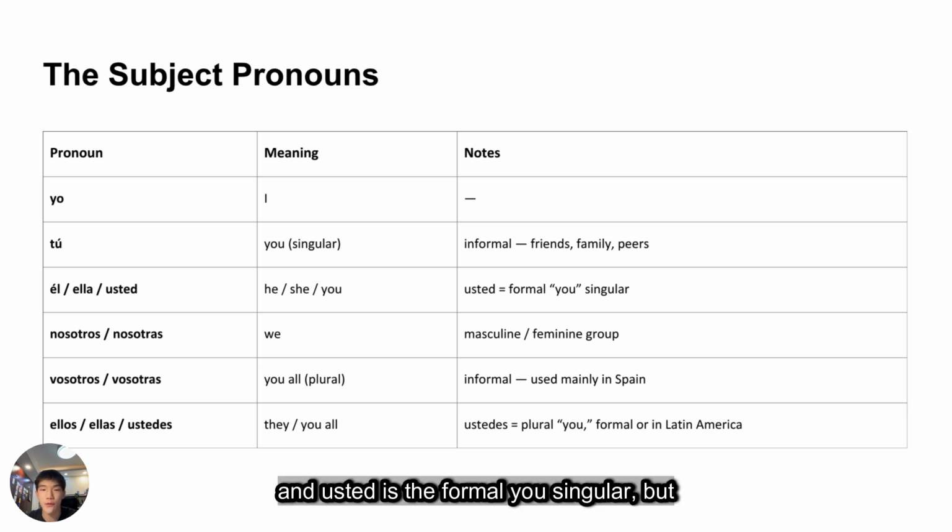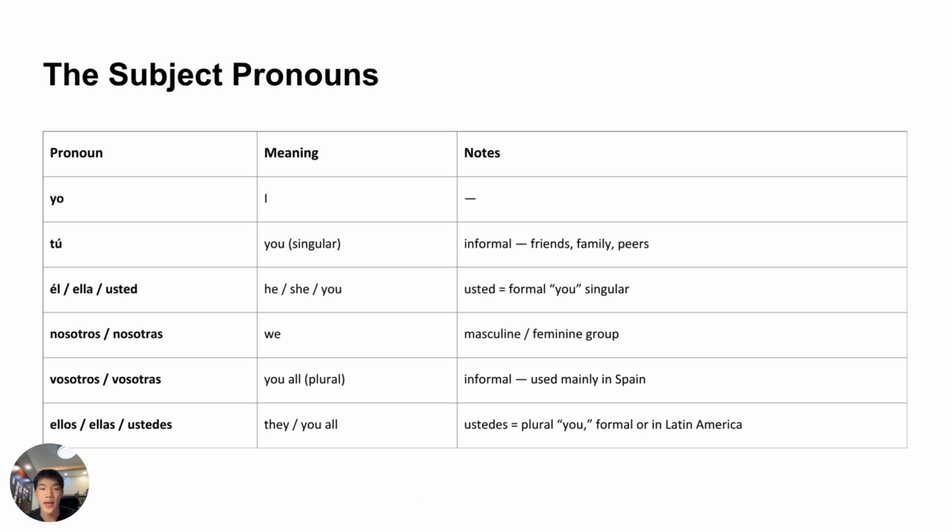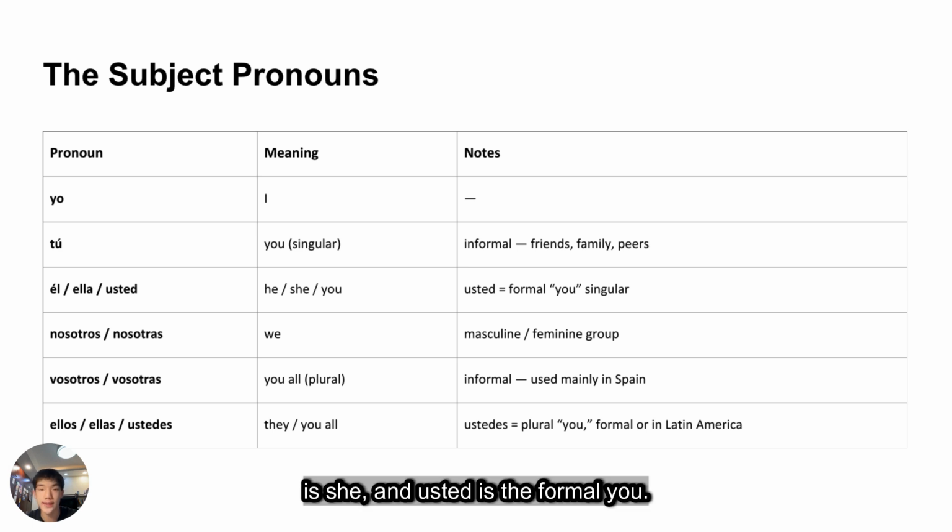And usted is the formal you singular, but we are going to group it here because conjugation-wise, it belongs in the él and ella group. Él is he, ella is she, and usted is the formal you. Then we can also see nosotros or nosotras, which is the feminine version, which means we.